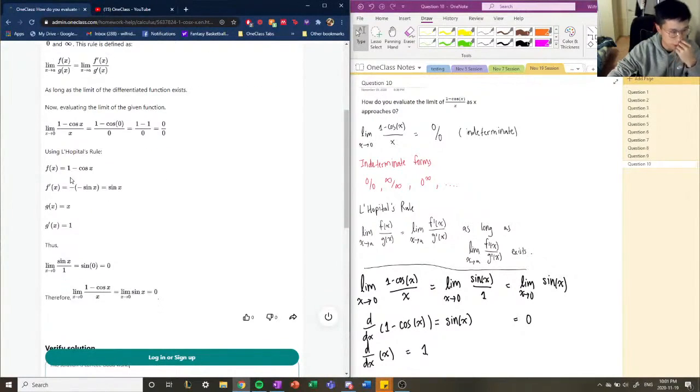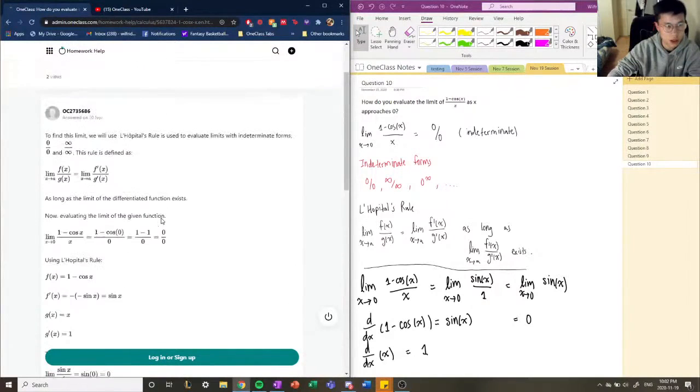The top function is 1 minus cos x. 1 is a constant, so that is 0 when we differentiate it, and the derivative of negative cos x is just sine x. That's the derivative of the top. The derivative of x with respect to x is just 1. So we get the limit of sine x as x approaches 0, and sine of 0 is 0. So we have found the limit of our original function by using L'Hopital's rule.